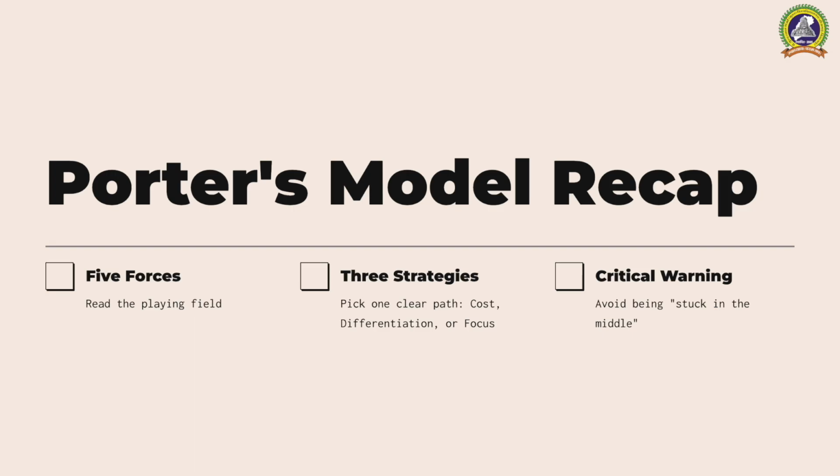Second, three generic strategies, which include overall cost leadership, differentiation, and focus, describe the primary way a firm can position itself within that industry to achieve a sustainable competitive advantage. A firm must choose one of these clear paths to avoid being stuck in the middle.